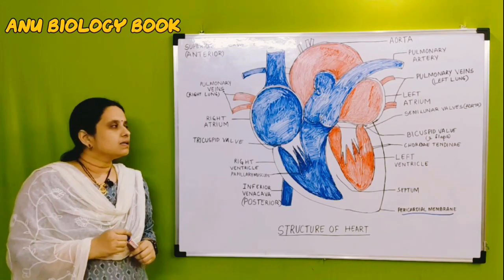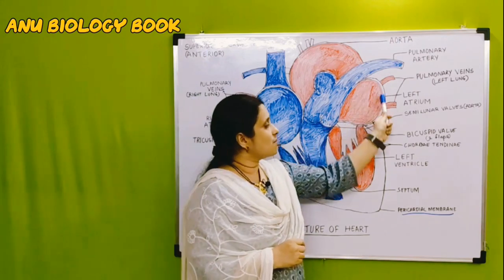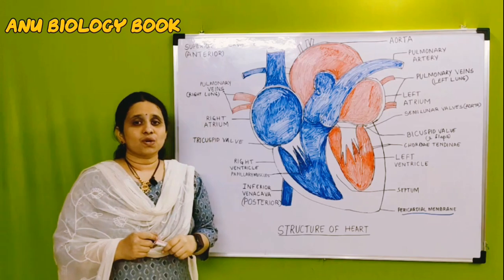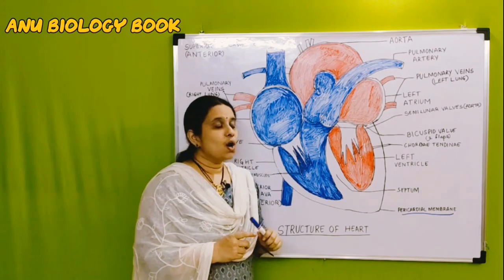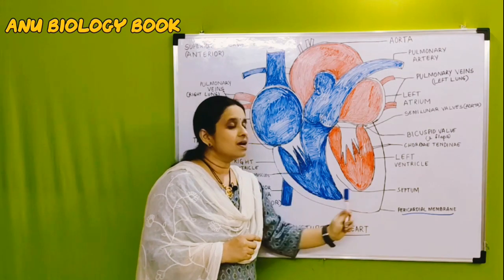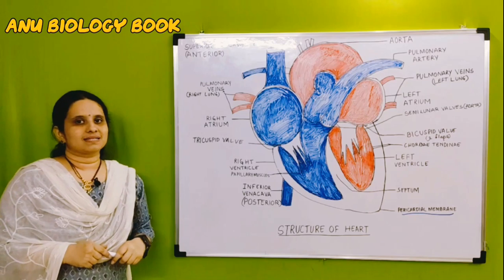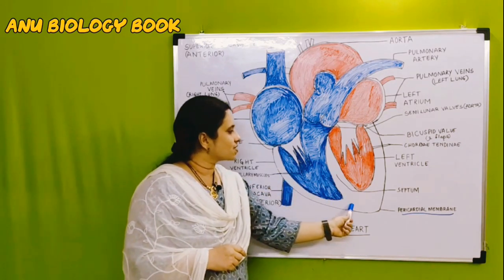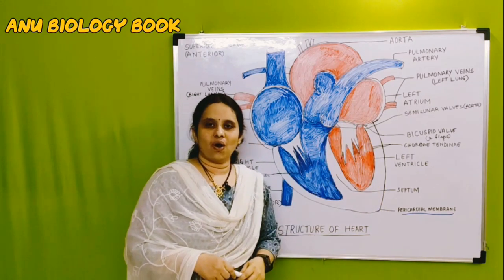So the walls of the auricles are always thin when compared with the walls of the ventricles. That's it about the auricles. And coming to the ventricles, the walls of the ventricles are much thicker than the walls of the auricles.